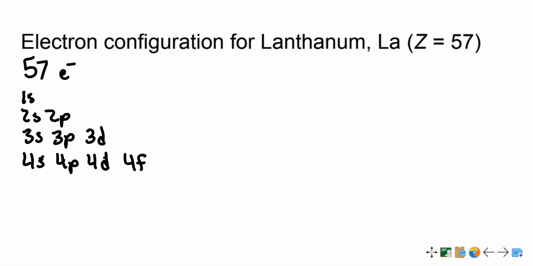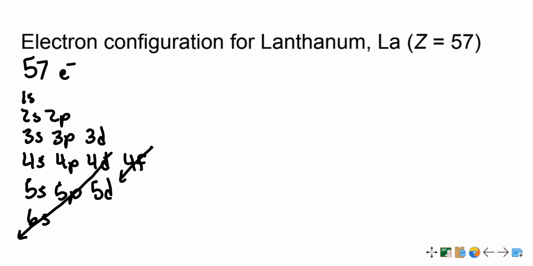But remember, we're going to have to go down and then back up to 4f. So I'm still going to need 5s, 5p, 5d. I'm still going to need 6s, because I've got to go down there before I go back up to 4f. So keep those things in mind.